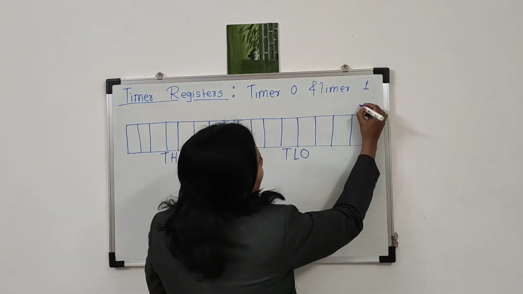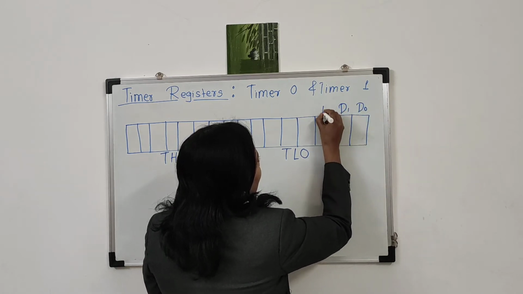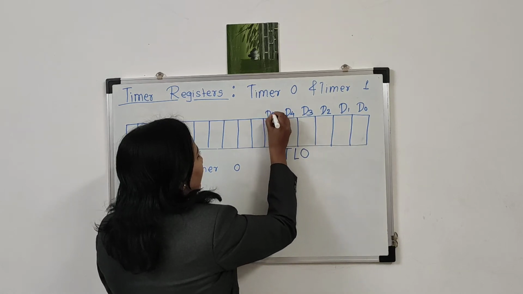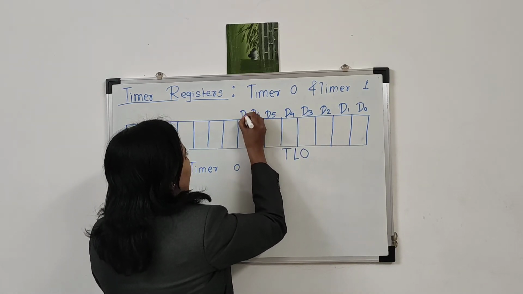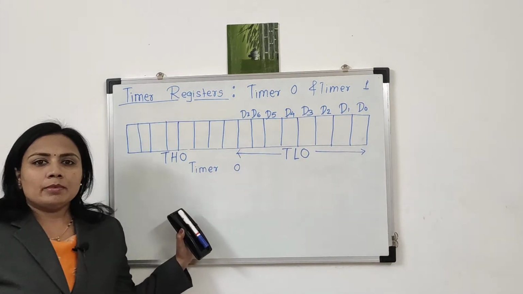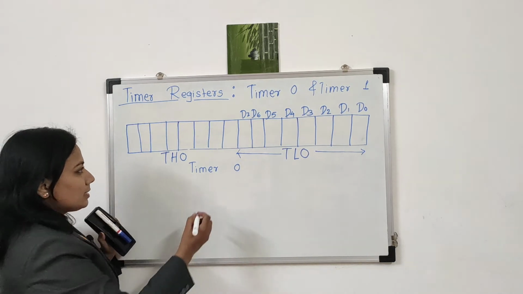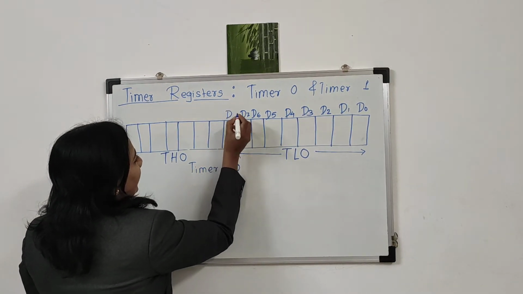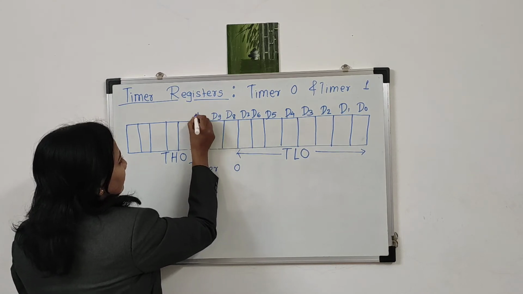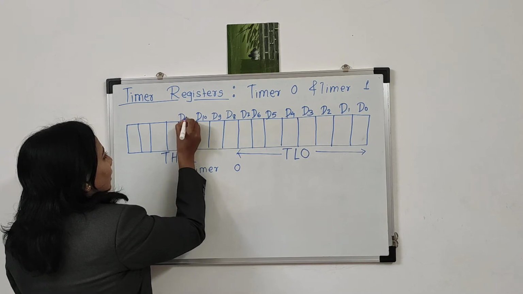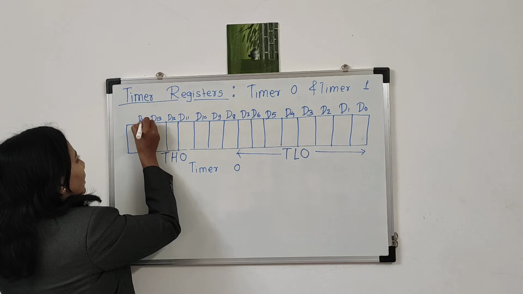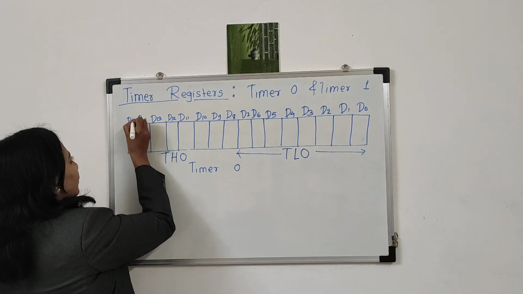So we have D0, D1, D2, D3, then D4, D5, D6 and D7, which belong to the timer 0 low byte register, and the higher bits, that is D8, D9, D10, D11, D12, D13, D14 and D15.